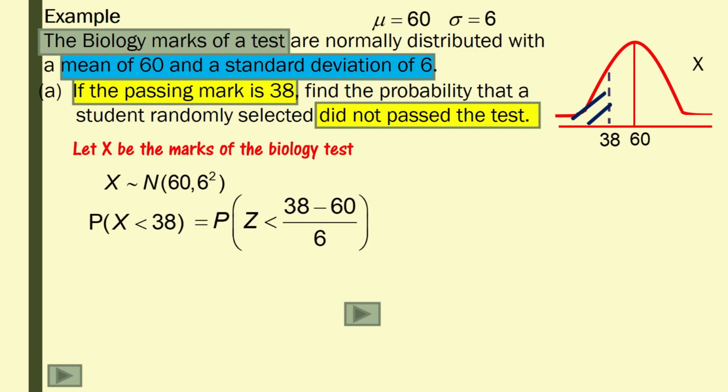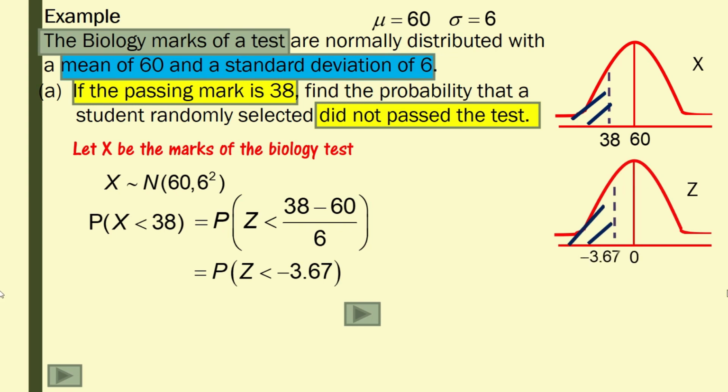Okay, P(Z < (38 − 60)/6), we get P(Z < −3.67).